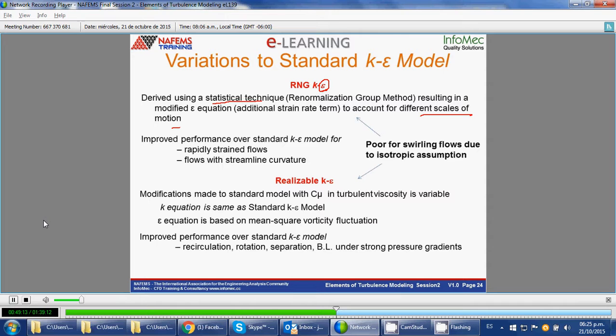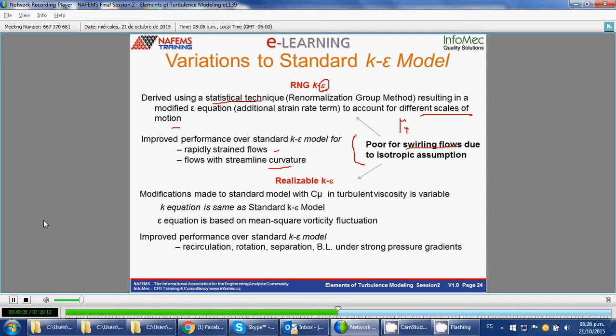So that was kind of nice because it helped with the problem of rapidly straining flows or flows with streamline curvature. Unfortunately, it still assumes that mu t is isotropic. And because of that, it doesn't do so well for swirling flows.